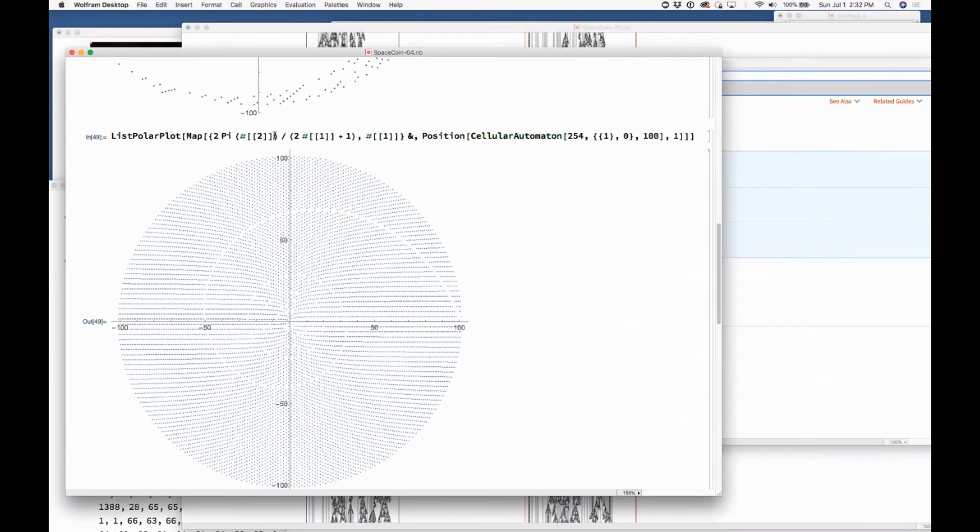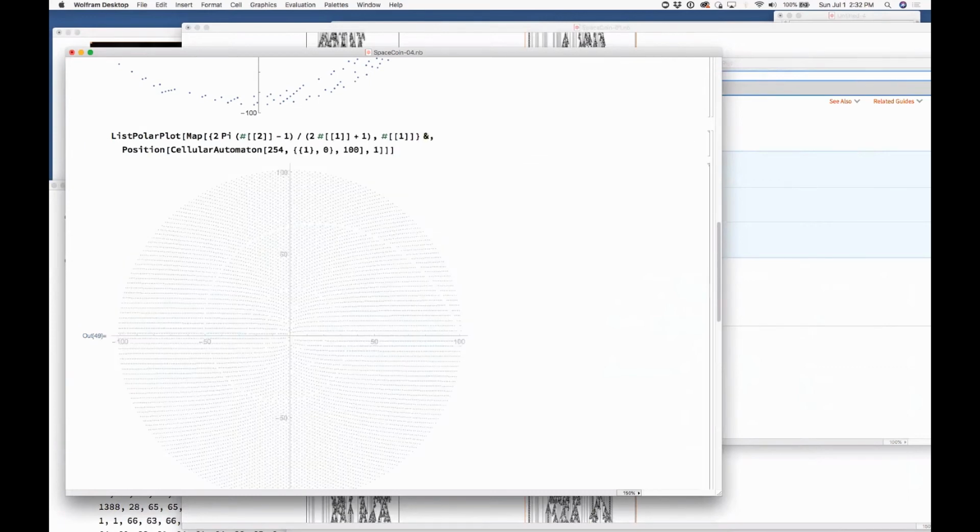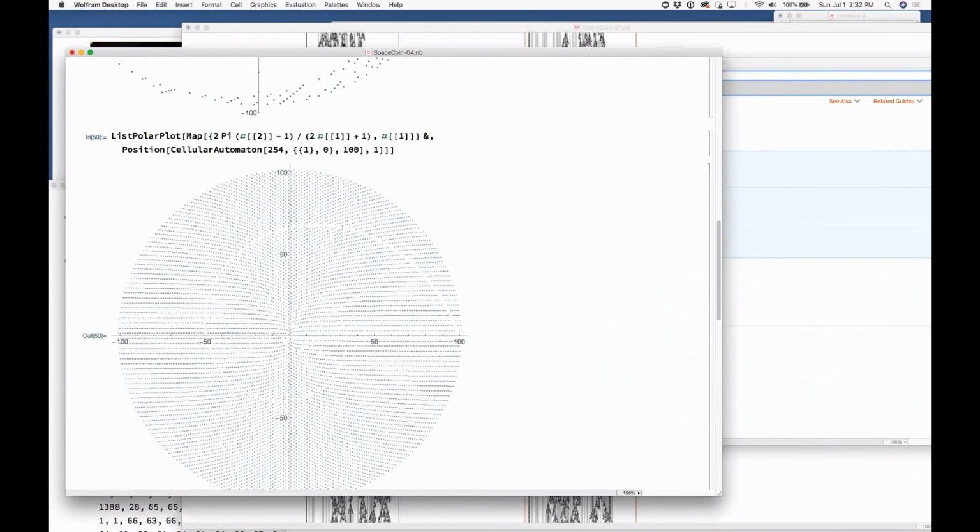Oh, I think I know the problem. I think there has to be a -1 there. No, that just gives us a bigger seam. Okay, so the values of the first argument go from 1 to 2t plus 1, I believe.